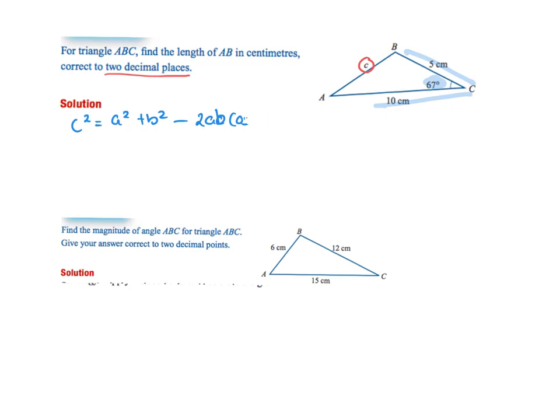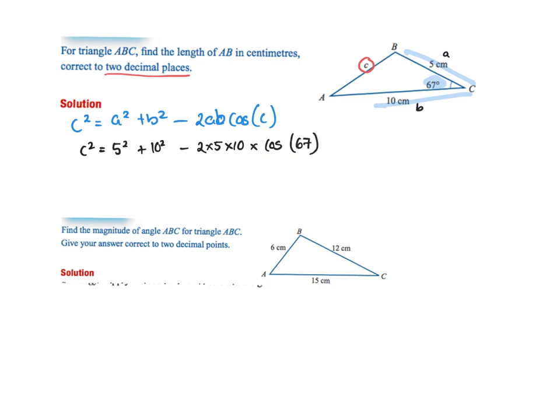Sorry. Cos C. So you can substitute in. You could write c squared equals 5 squared plus 10 squared minus 2 times 5 times 10 times cos 67.